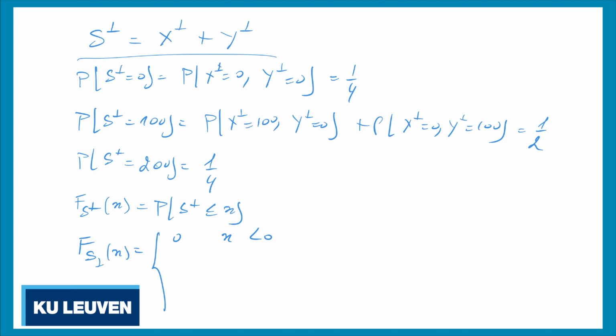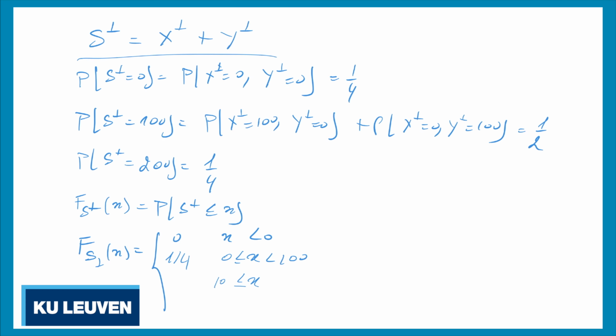If x is in the interval 0, 100, the sum S can never take a value which is strictly larger than 0 and strictly smaller than 100. If you want to be in the interval 0, 100, where 0 is included but 100 not, it is the situation where your sum is equal to 0, and this occurs with probability 1 over 4.